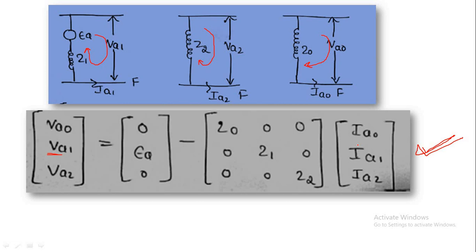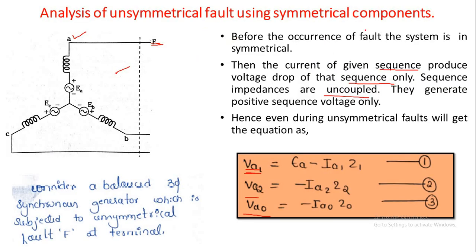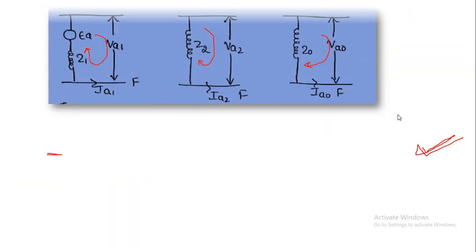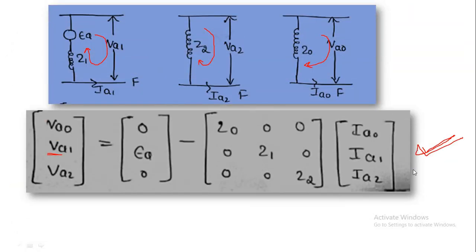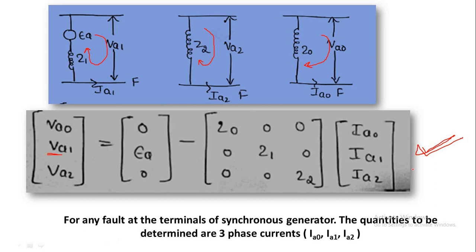Whatever expressions we get here, we will write in matrix form, for the zero sequence, positive sequence, and negative sequence components.